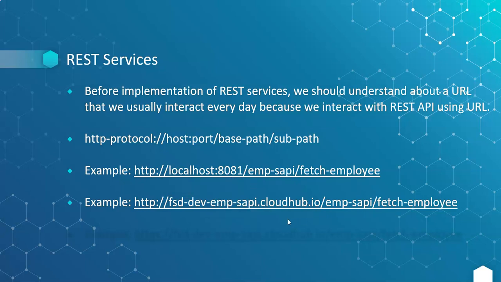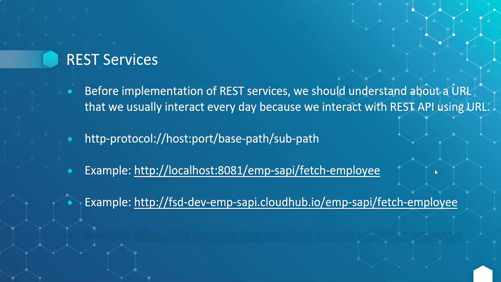This is one of the URLs with a domain, and we can see here the HTTP protocol, then domain name, then base path, then subpath. In real time, 100% of the times URLs are HTTPS, not HTTP.